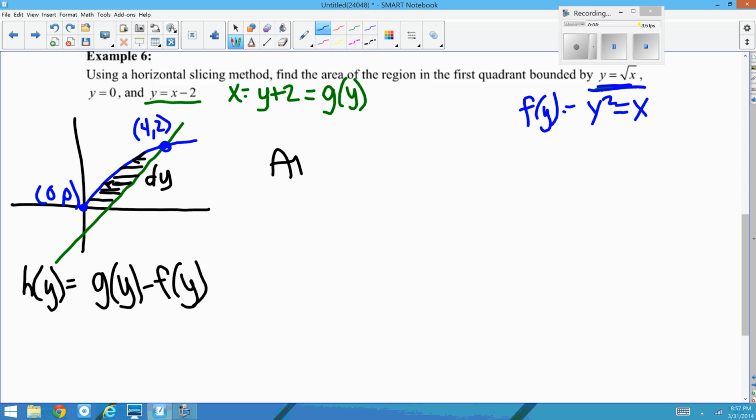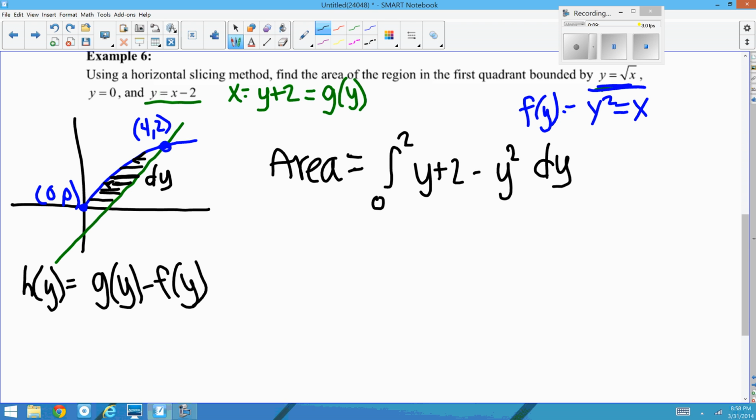So my area, because my height is this way this time, is going to be found by going from y equals 0 to y equals 2 of g of y, which is y plus 2, minus f of y, which is y squared. And my rectangle, the width is dy.